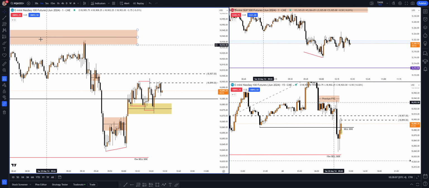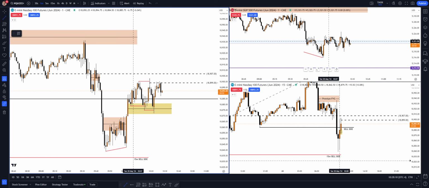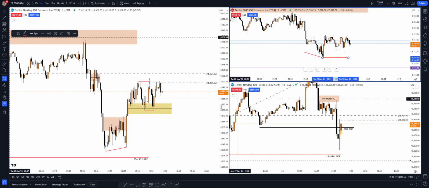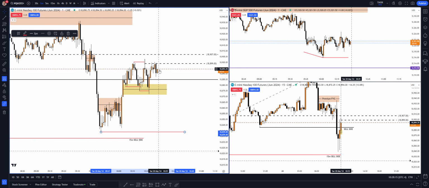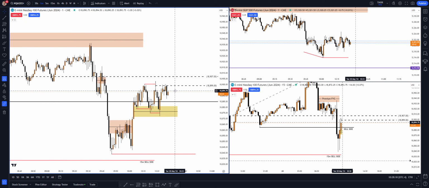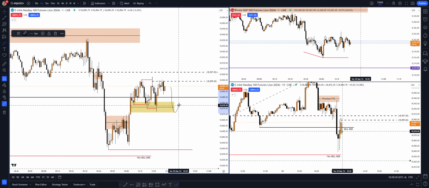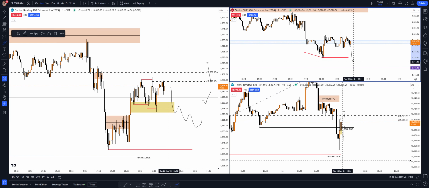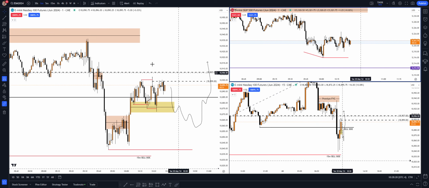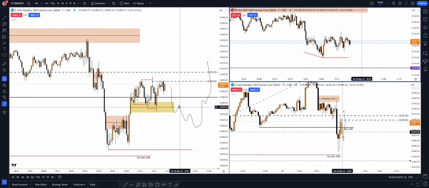So unless we get an SMT divergence at this low here on the 15 minute perhaps, right? Like for example, market breaks down, Nasdaq doesn't go for the sell side, ES goes for the sell side, and then reverses. That could be the real buy model. Then I could be looking at the 9:30 highs.